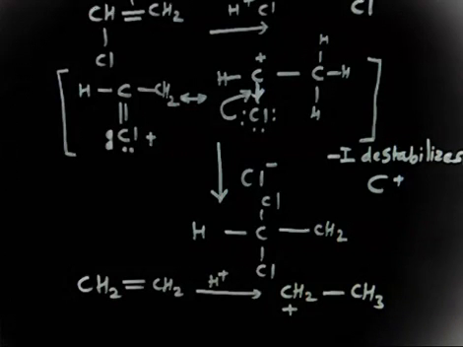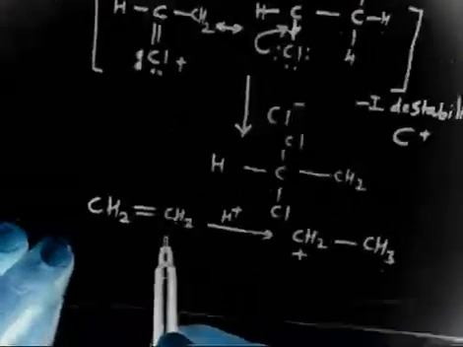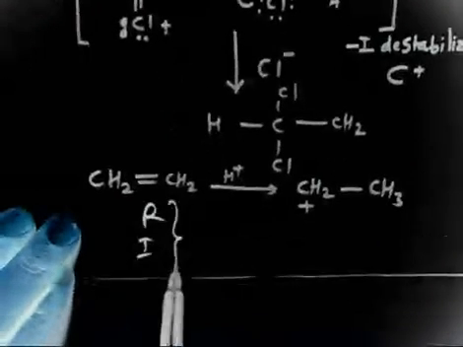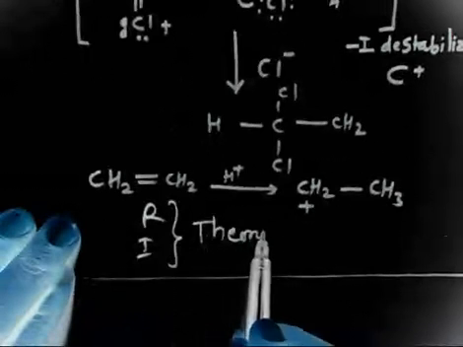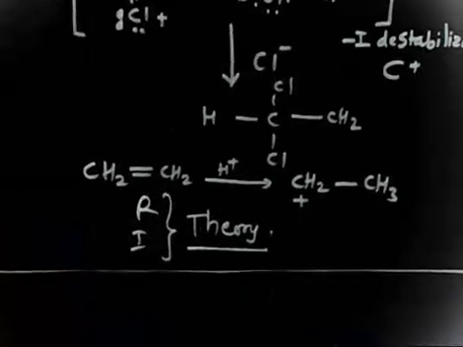So basically the resonance effect and inductive effect are my theory. R and I is just a theory, it's nothing else. So to explain the experimental condition, we use the theory.